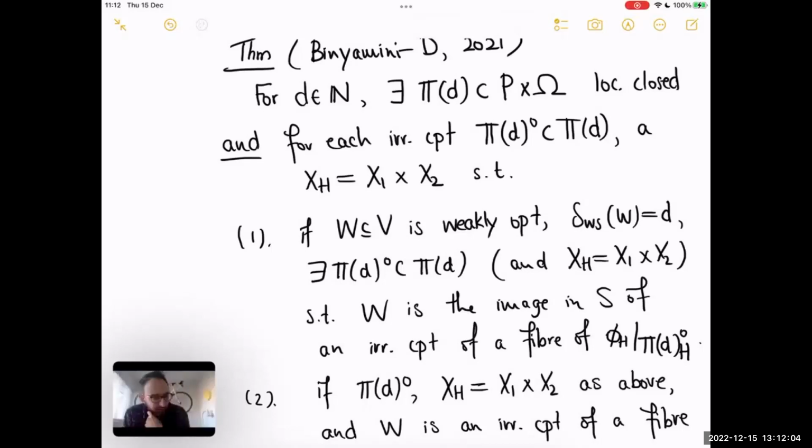Yeah, that definitely was my recollection at the time, that we stratified by each D, and also within the Ds, by the individual irreducible components, because it became apparent to Gal and me that you could have some family of weakly optimals whose union may encapsulate some other weakly optimals.